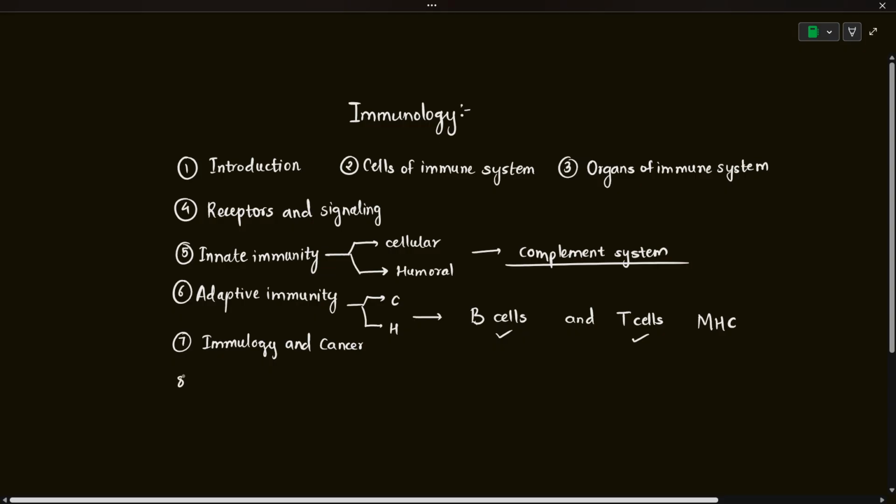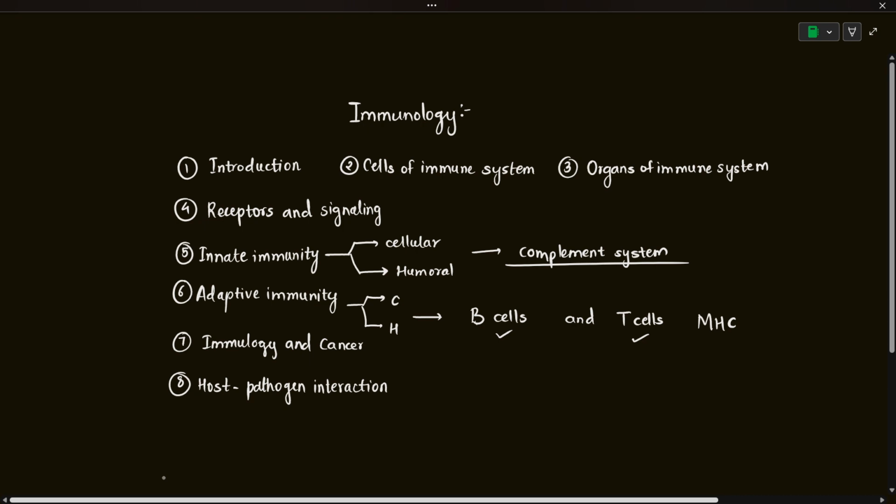And lastly, we will be discussing host pathogen interaction. How the host system interacts differently if the pathogen is different. For example, if it's a bacteria, we will be learning about host and bacteria interaction. That will be different. Host viral interaction will be different. Host fungal interaction will be different.